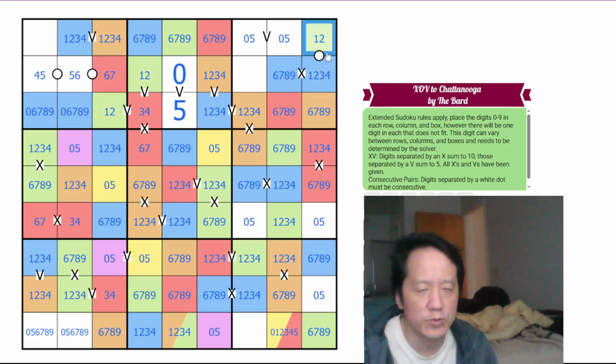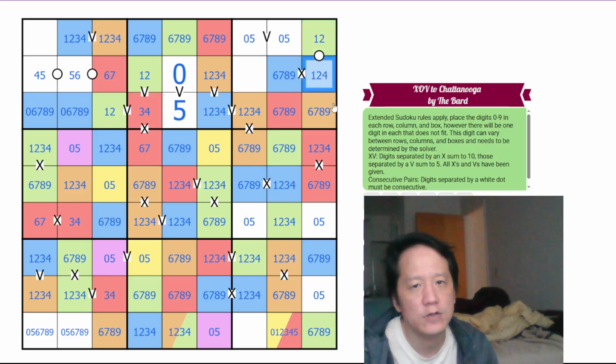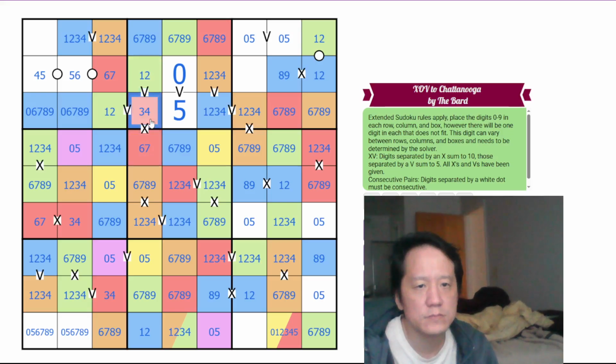Since the green low is 1 or 2, the blue low has to be 1 or 2 because blue and green do not add up to 5. So this is 1 or 2, which makes this 8 or 9. This is 1 or 2, 8 or 9, 1 or 2. This is 3 or 4, 3 or 4, which makes that 1 or 2. This is 1 or 2, which makes orange 3 or 4.